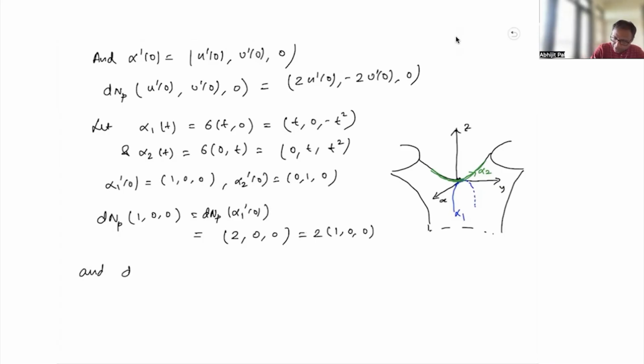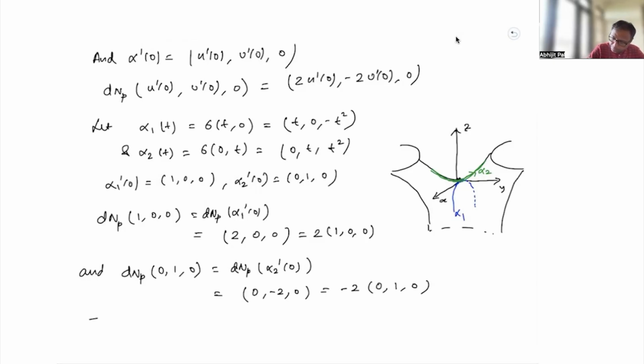And dNp of (0, 1, 0), which is equal to dNp of alpha 2 prime 0, by this formula will be equal to 0 comma minus 2 comma 0, which is equal to minus 2 times the vector (0, 1, 0).